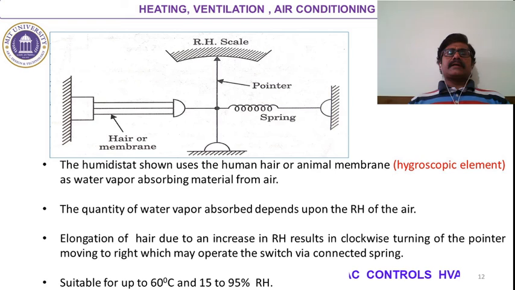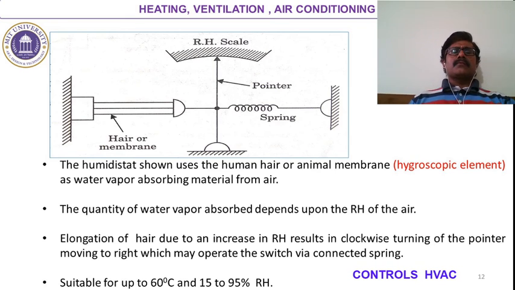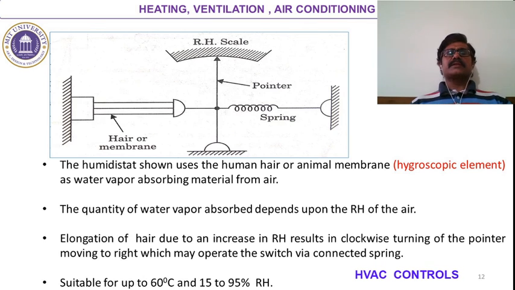Such types of humidistat are normally suitable for temperature ranges up to 60 degrees Celsius and a very vast humidity range of the order of 15% to 95% relative humidity. Such types of humidistat can be used without any problem, without any obstacles.